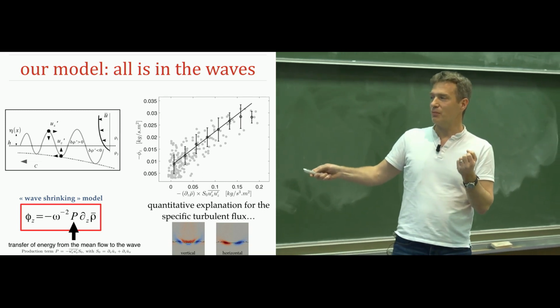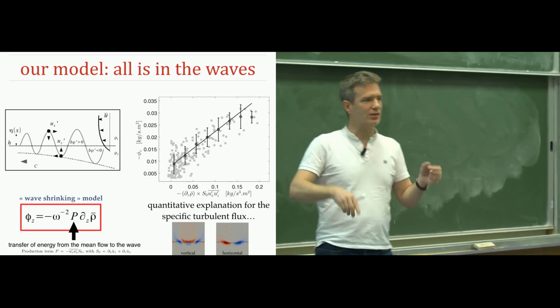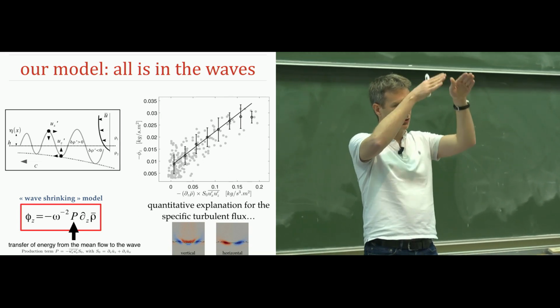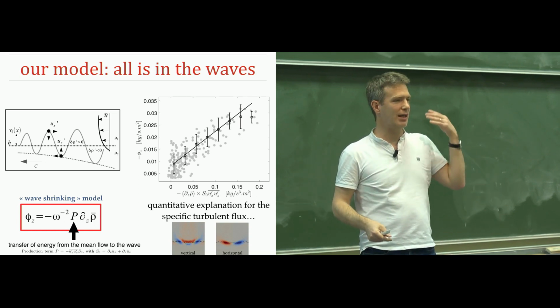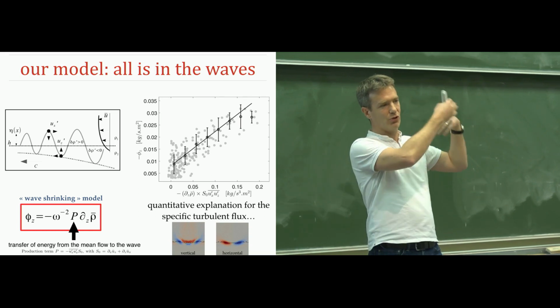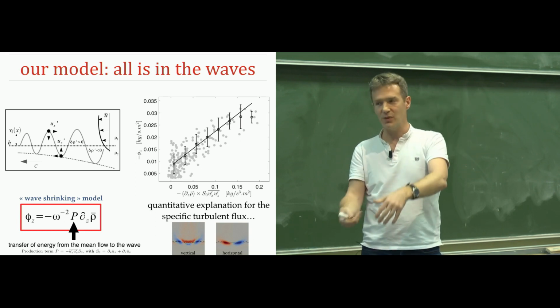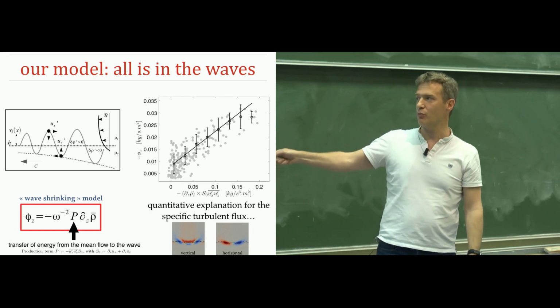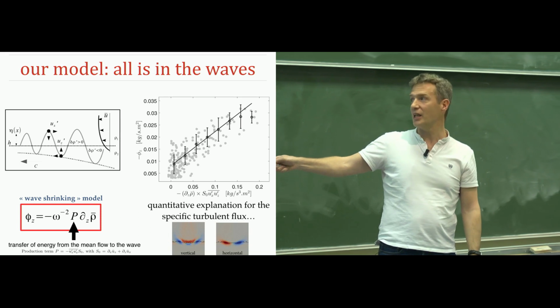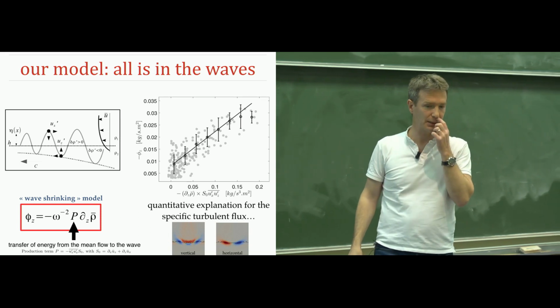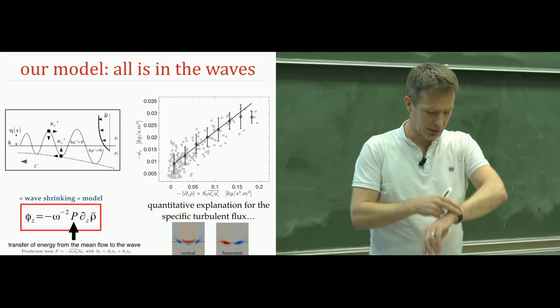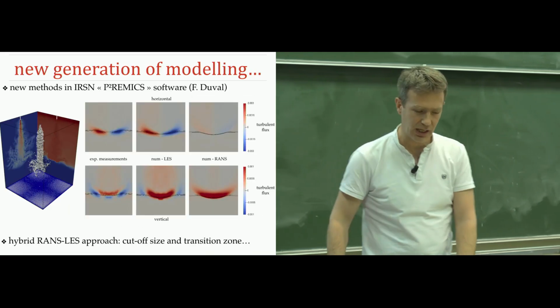This can also be explained by a simple model where you look at the wave breaking, so the decrease of the amplitude of the wave on the side of the dome. If you balance the energy that comes from the decrease of the waves to induce mixing, then you actually predict quantitatively a negative flux that fits well with the experimental data. So that's pretty much where we are today.